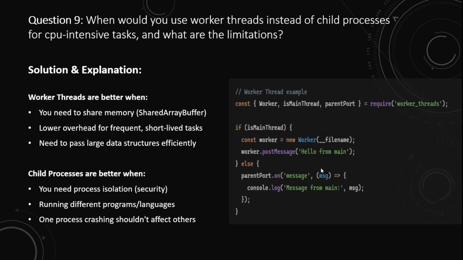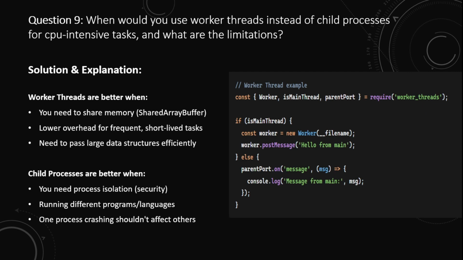Their limitations are that worker threads cannot use browser APIs, hence they are unable to access the DOM for DOM updation or reading the HTML elements from the DOM, and complex shared memory management as well. It is very hard to build and manage the shared memory among the worker threads.